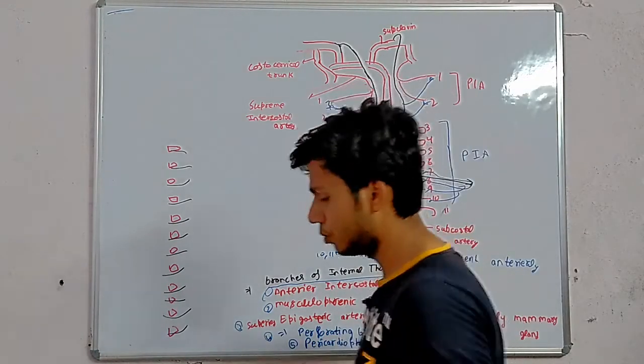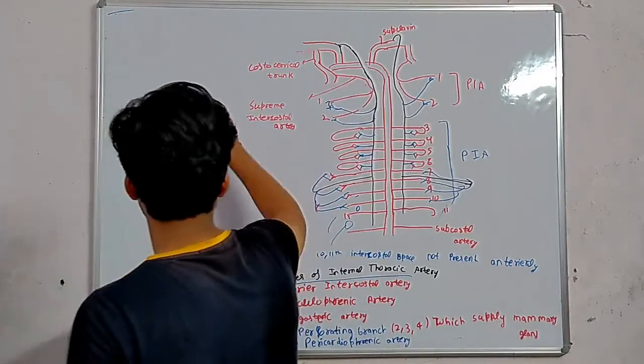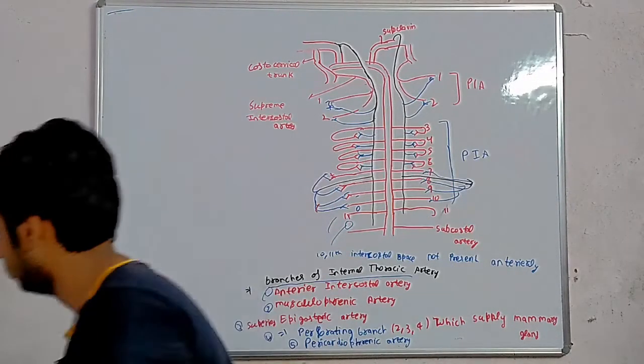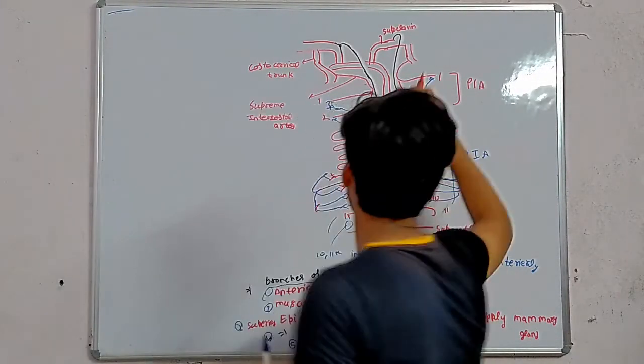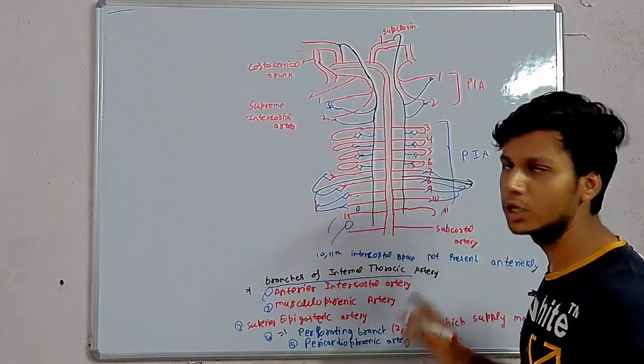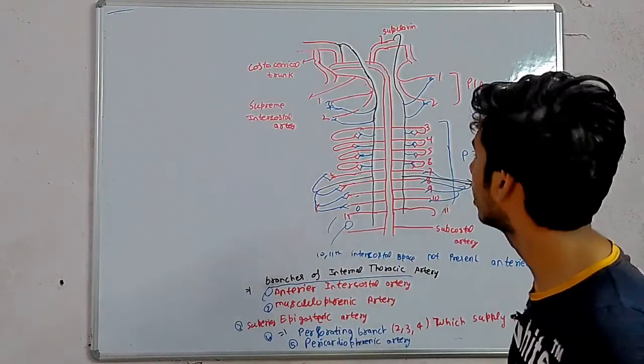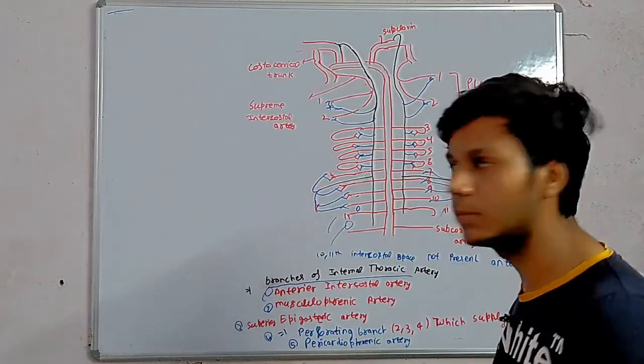Now come to the branches of the thoracic aorta. The aorta portion present in the thorax is called the thoracic aorta. The thoracic aorta has many branches.